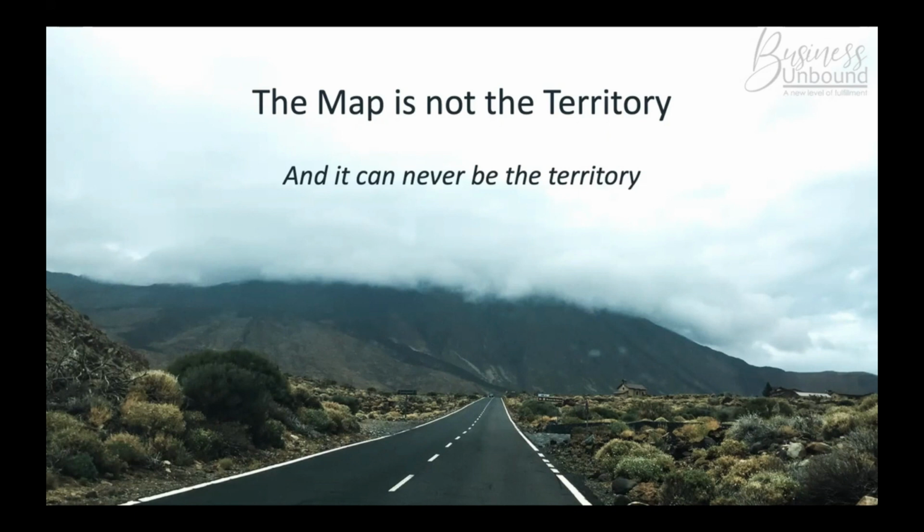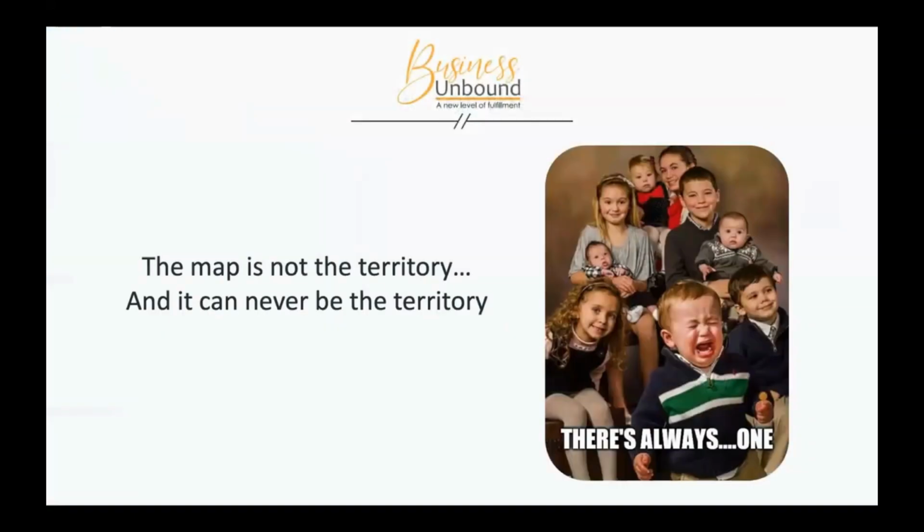So it's really good to understand this, because a lot of people experience conflict and they don't understand why. Like, why can't you see things my way, right? Or it's like, there's a family event, like here's a photo of lots of children, right? And they're all having their own personal experience right now.